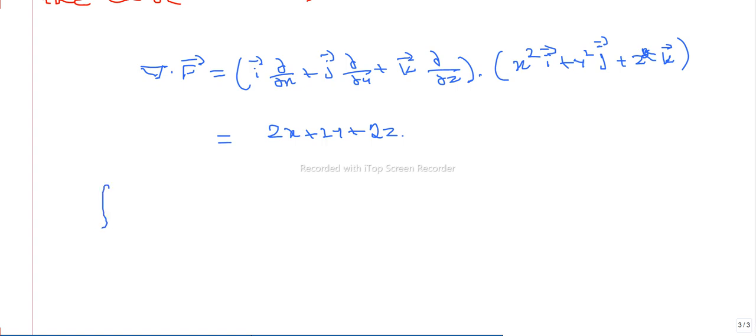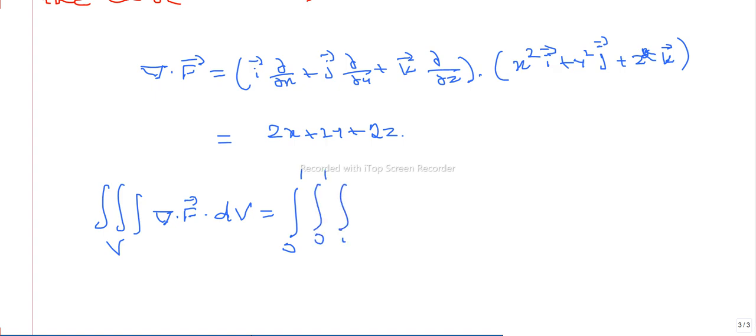Therefore the triple integral over V of del dot f dv: x goes from 0 to 1, y goes from 0 to 1, z is also 0 to 1. You can take 2 outside, so you get just x plus y plus z, and then dx dy dz. What is dv? dv is actually dx dy dz.